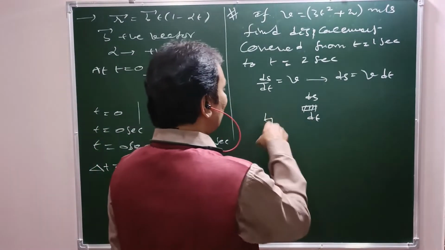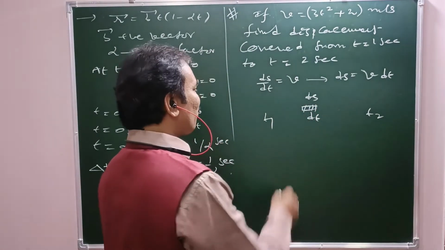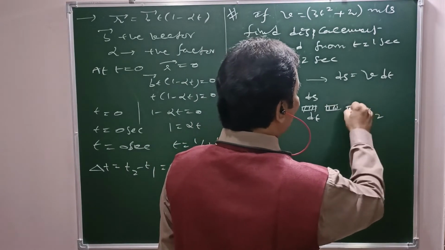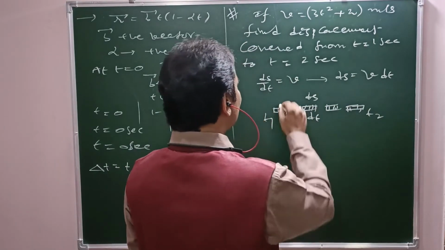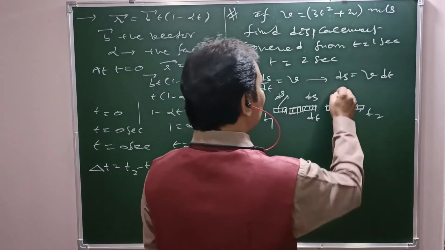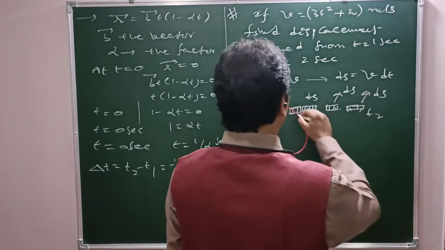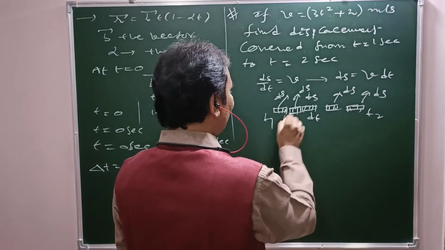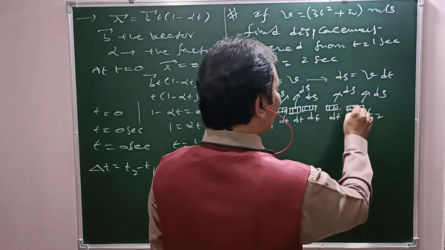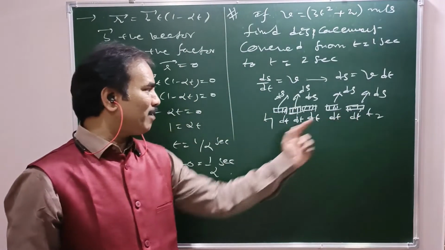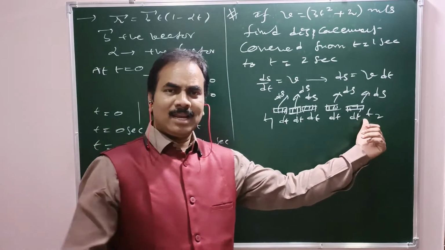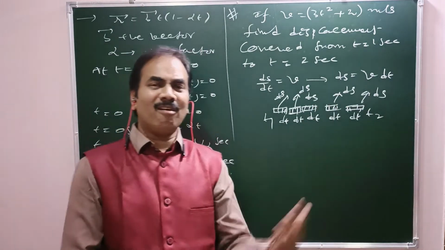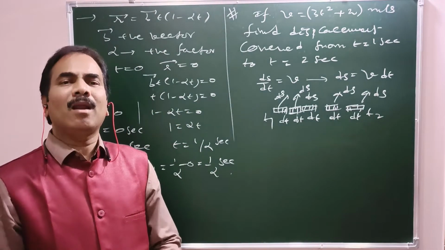In a time interval t1 to t2, how do we write the displacement covered? This is also ds, this is also ds, each in time dt. So in a time interval of t2 minus t1, we have so many instants like that. In every instant it covers a small displacement ds, and adding all these ds values, we get the large displacement.